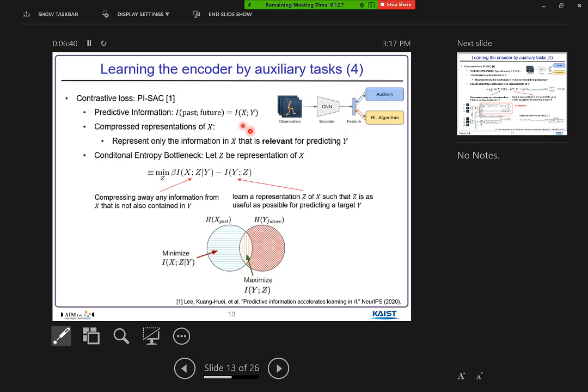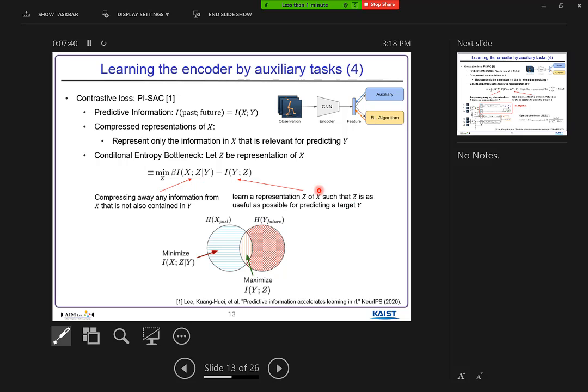To satisfy the predictive information, we minimize this term. It means that we maximize the mutual information between Y and Z here. It means that we learn the representation Z of Y such that it is as useful as possible to predict Y. And in this term, we want to compress away any information from X. It means that, given Y, the mutual information between X and Z should be small.